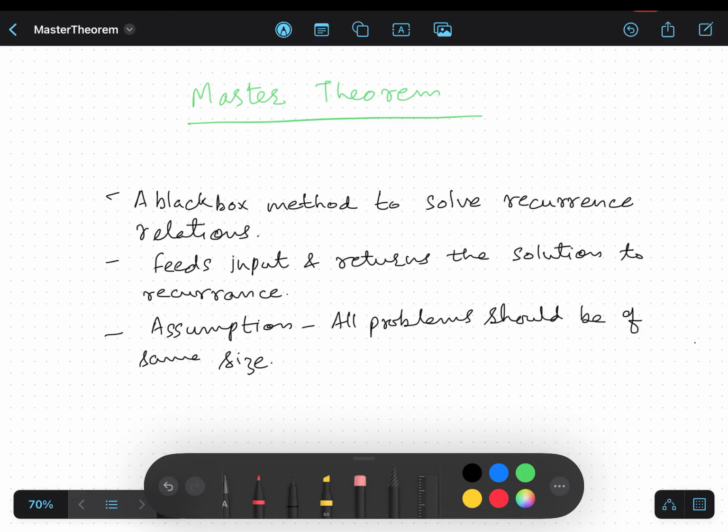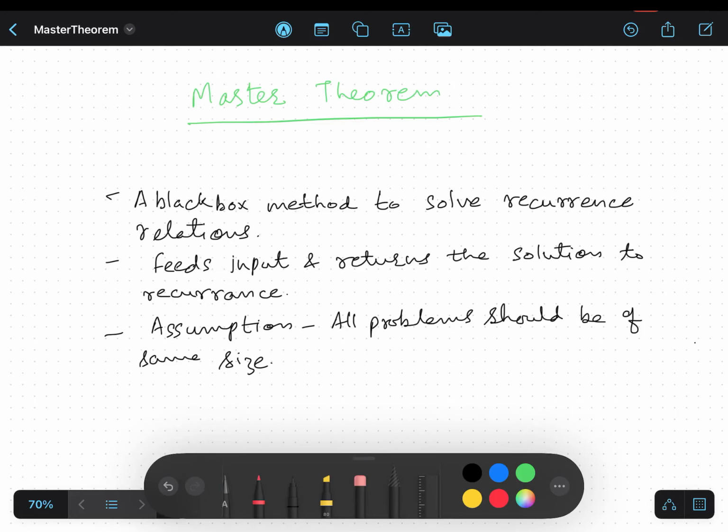So in my initial sessions, I told that there are three ways to solve a recurrence. One is master method. Then we have substitution method. And the third is tree method. So in this session, we are going to look at how master theorem works and how it solves a recurrence.